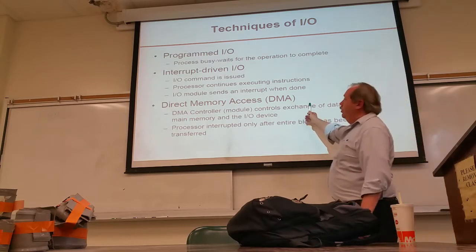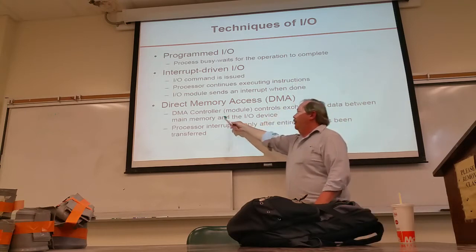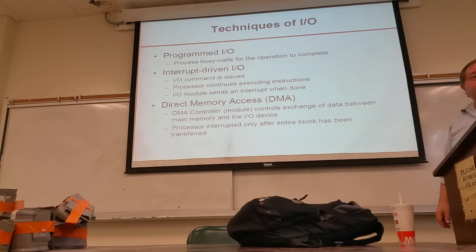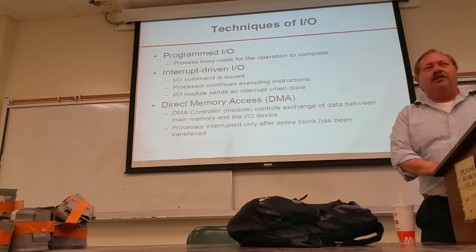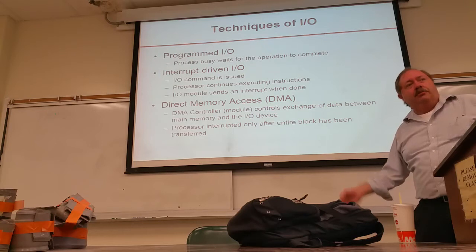In DMA techniques, you'll have this DMA controller, which is basically a mini CPU. It's a less capable CPU. So for all of those of you who are saying, when they make CPUs, they make these batches of thousands or hundreds of thousands at a time, right?